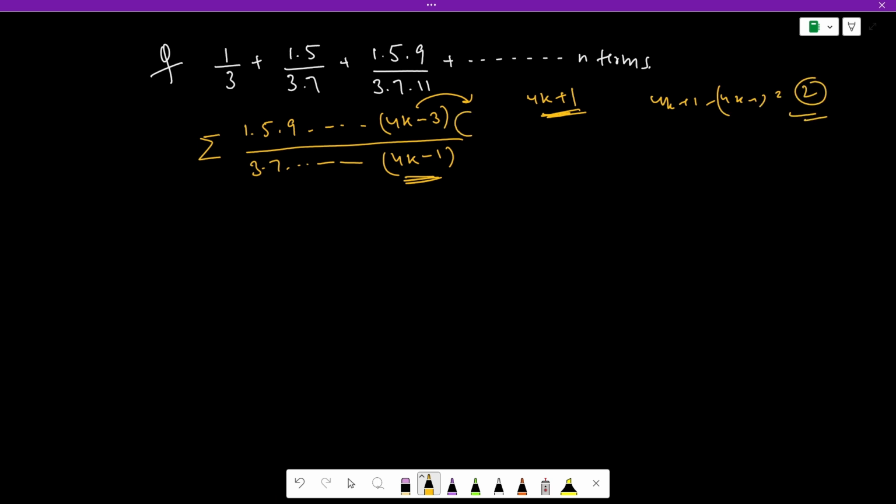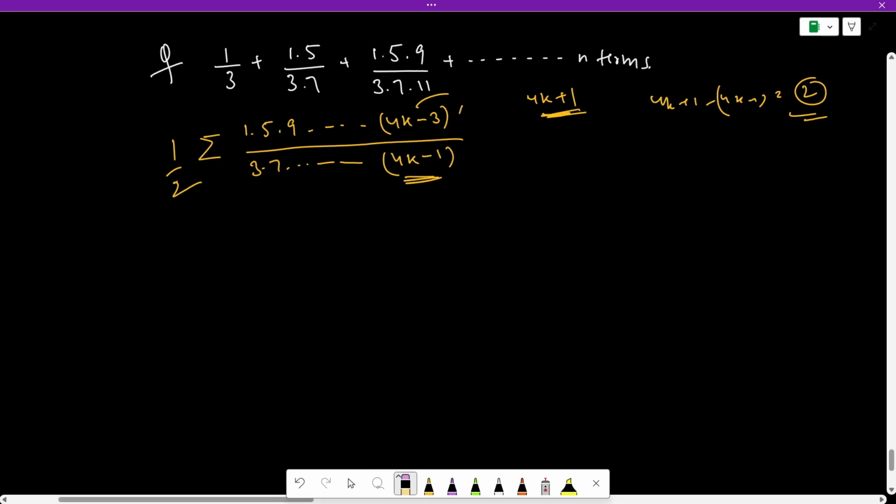So we need a 2 here. So we will multiply and divide by 2. Right? Now we will write 2 as this difference, that is 4k plus 1 minus 4k minus 1.